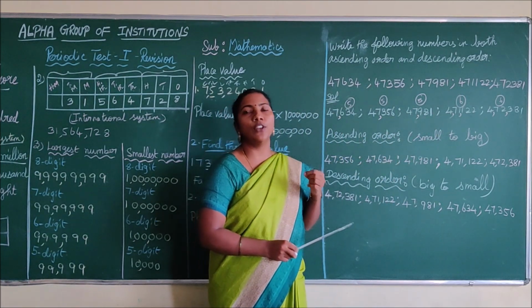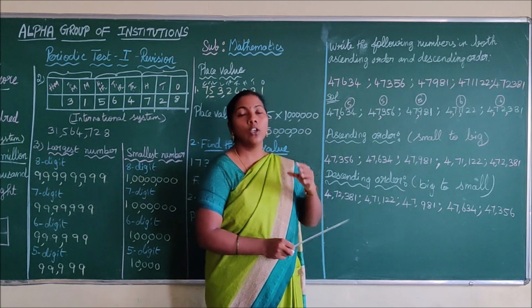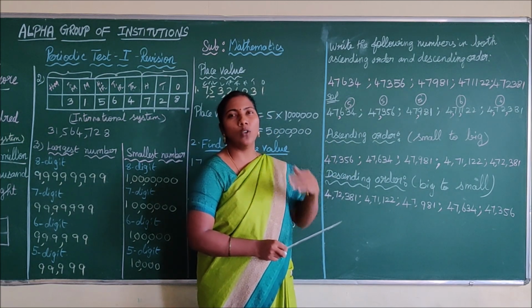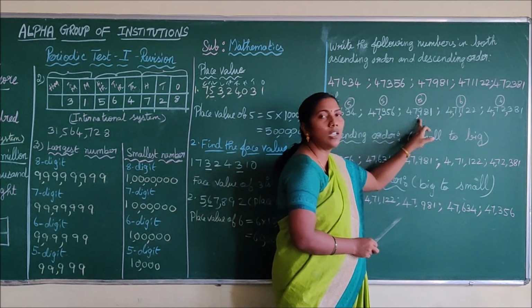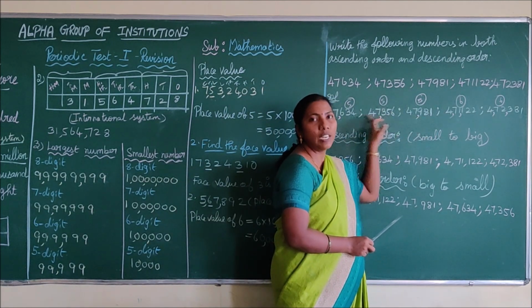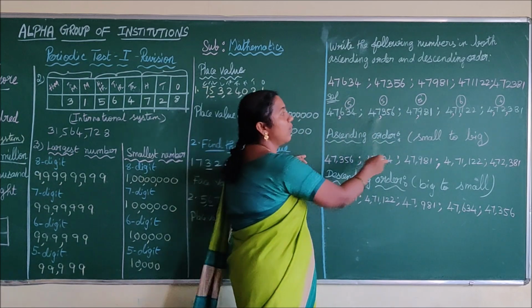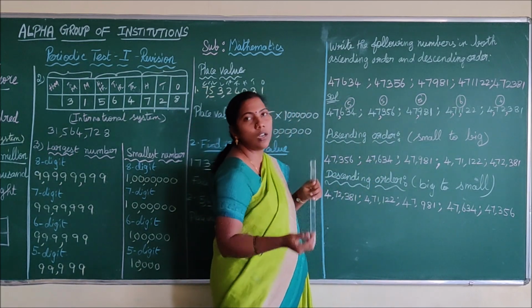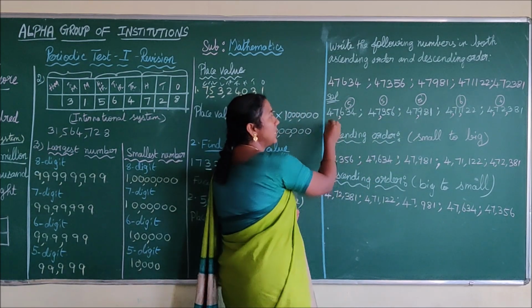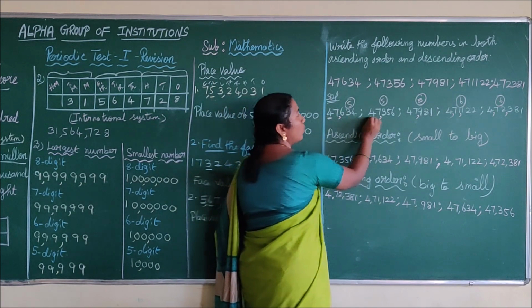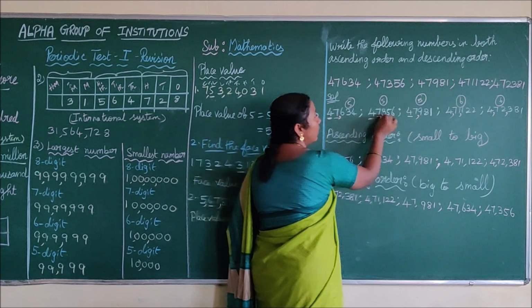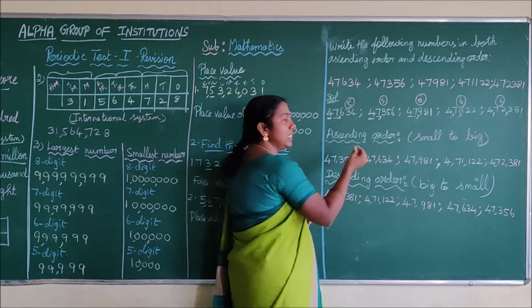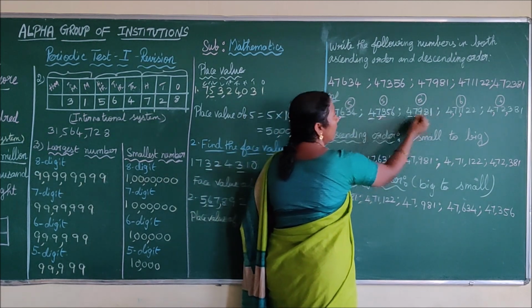First we are going to arrange them in ascending order, so we have to arrange the numbers from small to big. First we write the smallest number from these 3 five-digit numbers. Which is the smallest? How can you find out? First compare the first digit: 4, 4, 4. Next compare the second digit: 7, 7, 7. Next compare the next digit: 6, 3, 9.